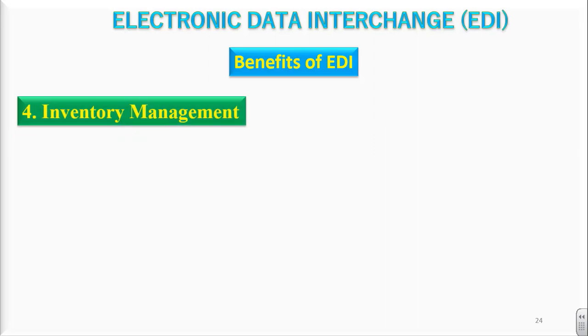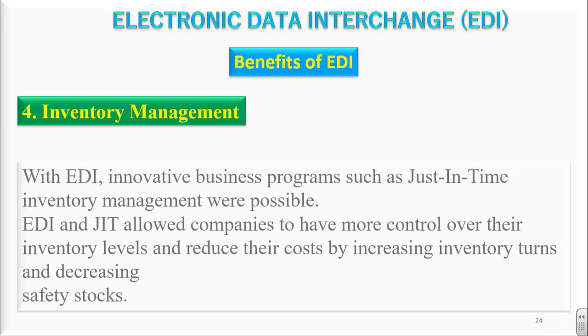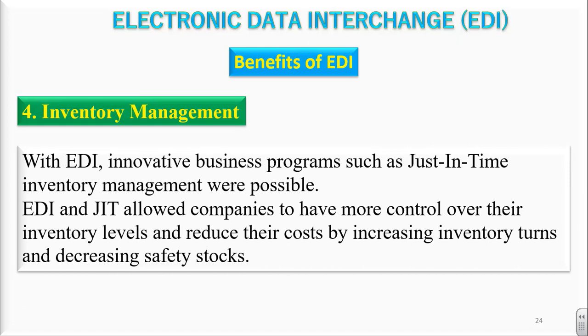The fourth one, inventory management. With EDI, innovative business programs such as just-in-time inventory management were possible. EDI and JIT allowed companies to have more control over their inventory levels and reduce their costs by increasing inventory turns and decreasing safety stocks.